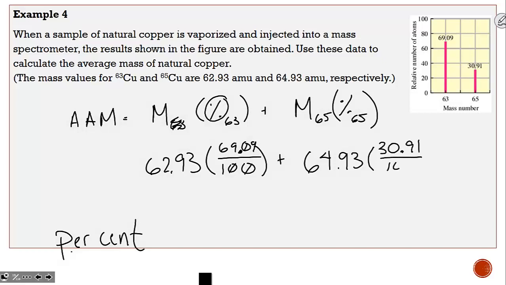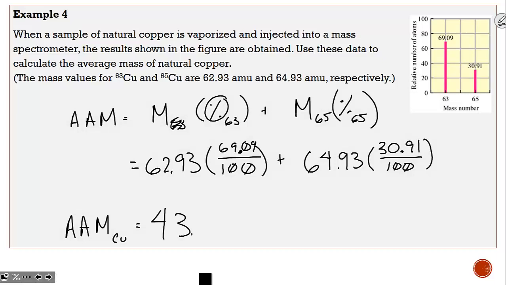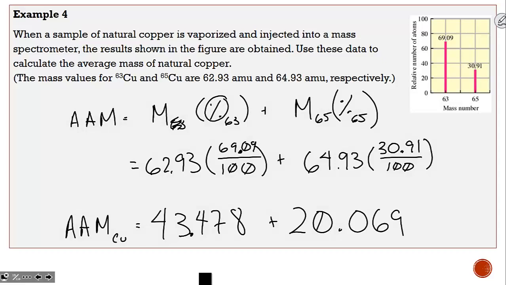30.91 for each 100. So the average atomic mass of our copper sample here comes out to be 62.93 times 69.09, 43.478 plus 20.069.